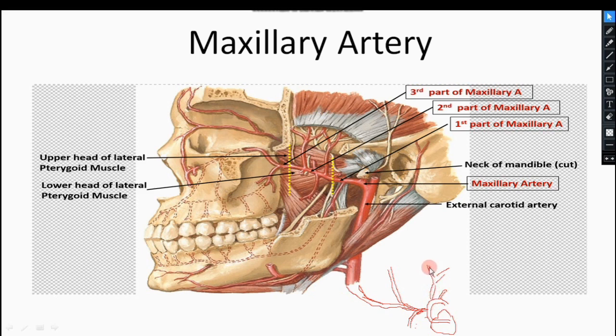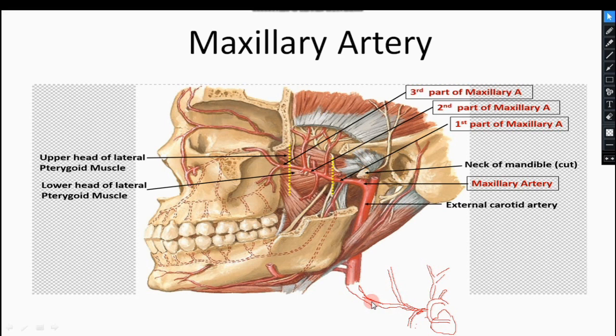Then the branches are external carotid and internal carotid. On the right side, this is the brachiocephalic. See the branch here, it gives the right subclavian, and then the right common carotid. This right common carotid further branches here as internal carotid, and this is external carotid.